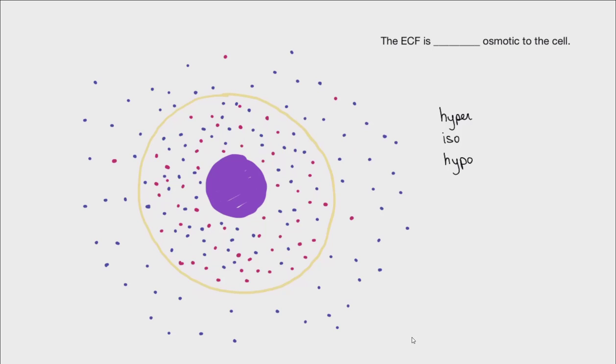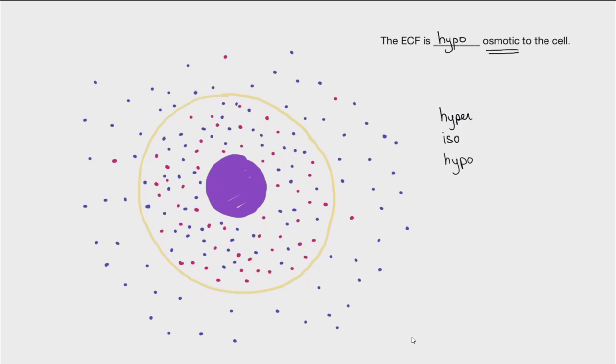Which prefix are you going to put in the sentence to make this statement true? Hypo. The extracellular fluid has less stuff. Now, the solutes are concentrated inside the cell. So here's where we get into water movement. Water likes to move to where there's more solutes.